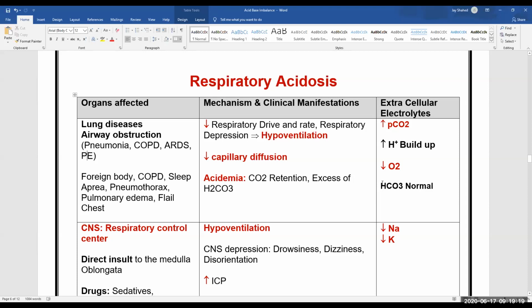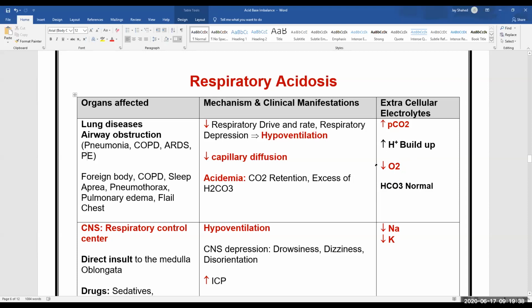Now, if this one goes up along with the CO2, then what? Then it's compensating. So here, increased PCO2. How about the hydrogen ions? Increased.